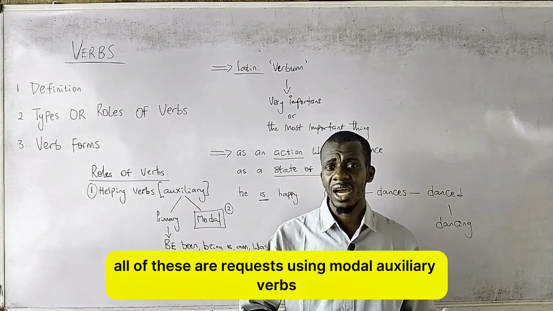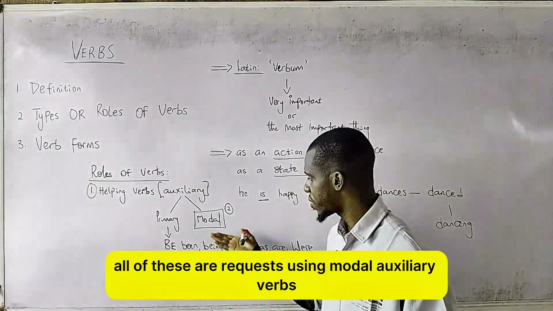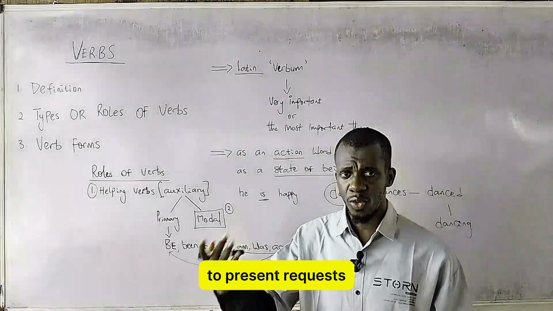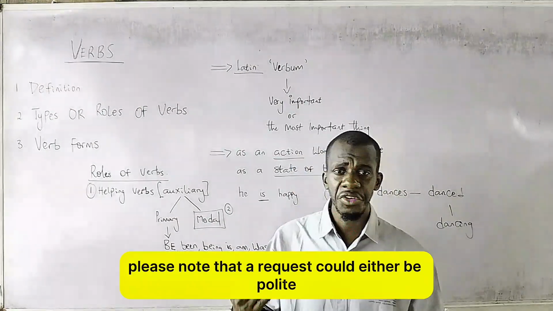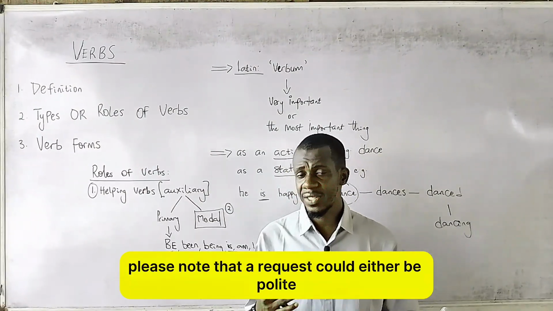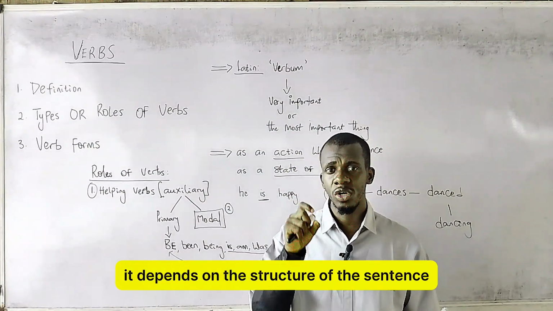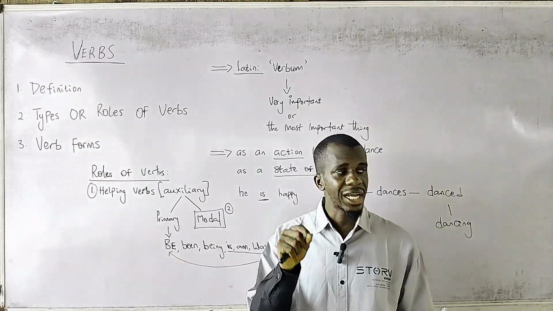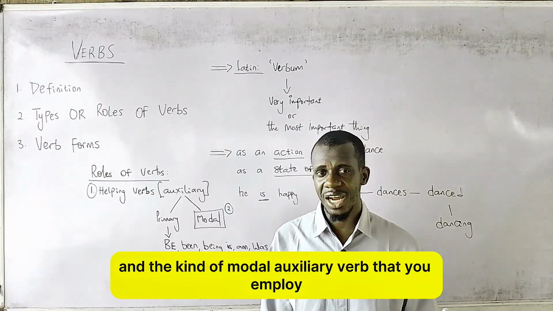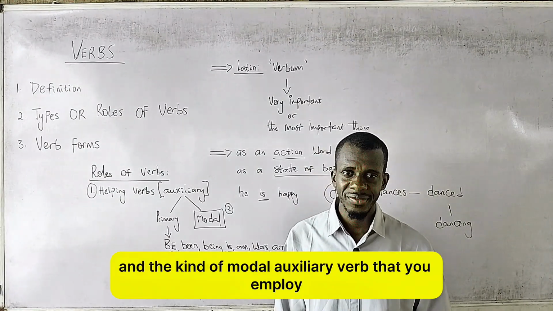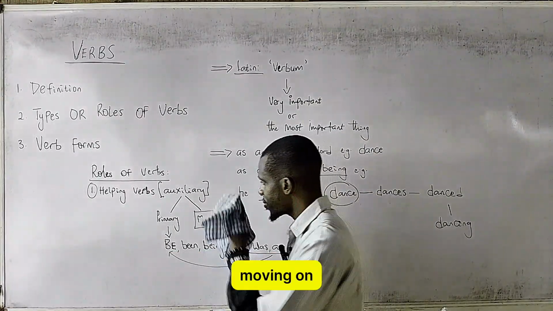All of these are requests, using modal auxiliary verbs to present requests. Please note that a request could either be polite or impolite. It depends on the structure of the sentence and the kind of modal auxiliary verb that you employ. Moving on.